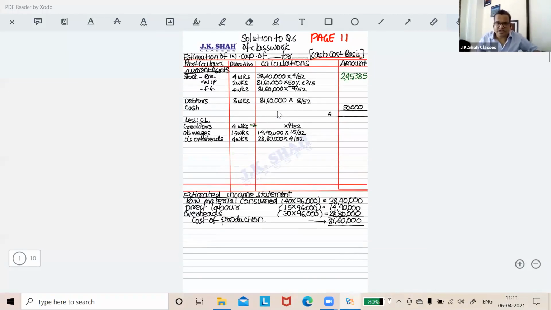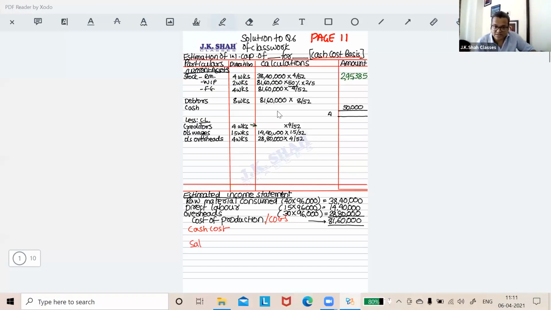So first, as usual, the income statement. We have raw material 40 into 96,000, direct labor 15 into 96,000, and overheads 30 into 96,000. This is our cost of production, oblique cost of goods sold, oblique cash cost. How? See how we get cash cost.